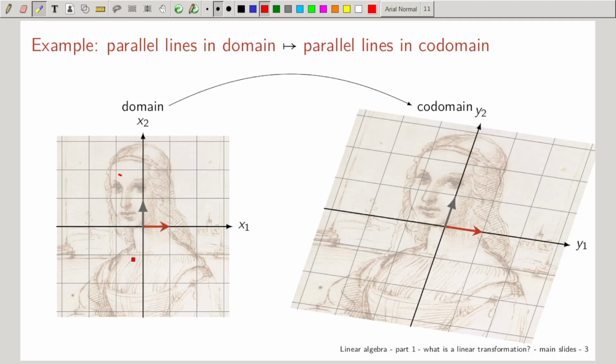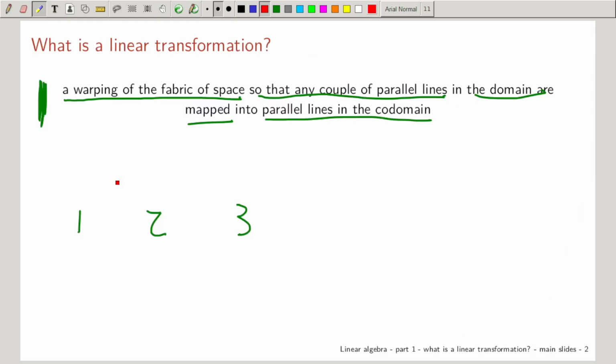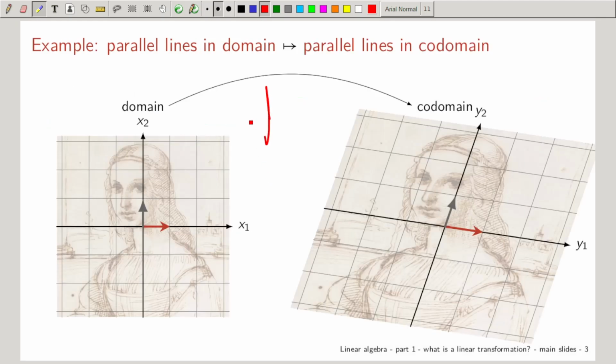With a caveat. I redo it here. What's this one? X, Y. What's the name? Linear map? No. We do not have only that parallel is parallel. 0 is 0.